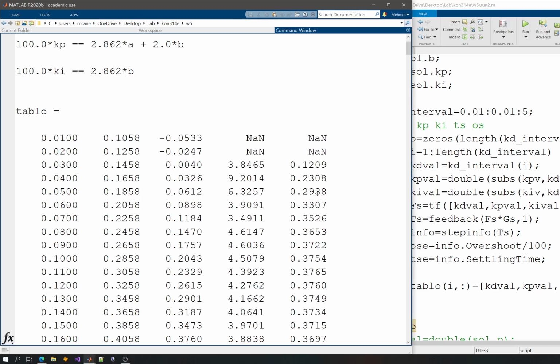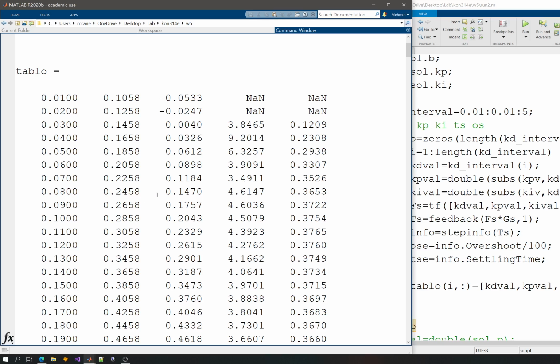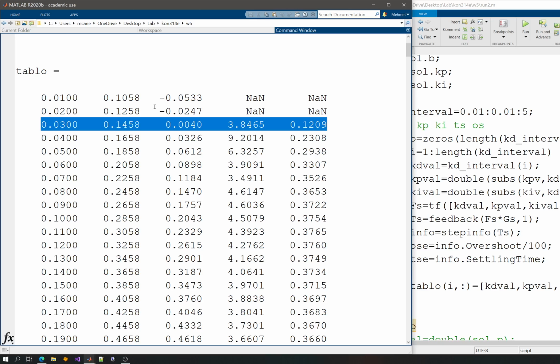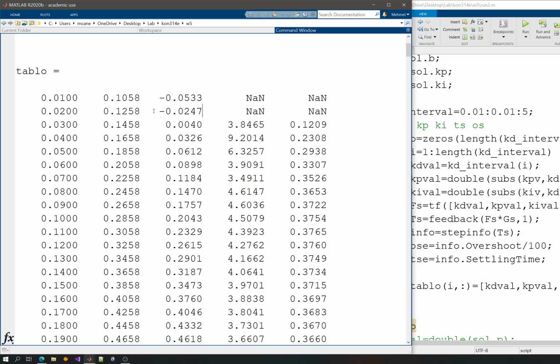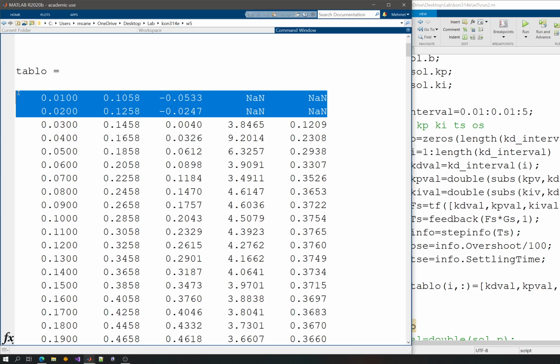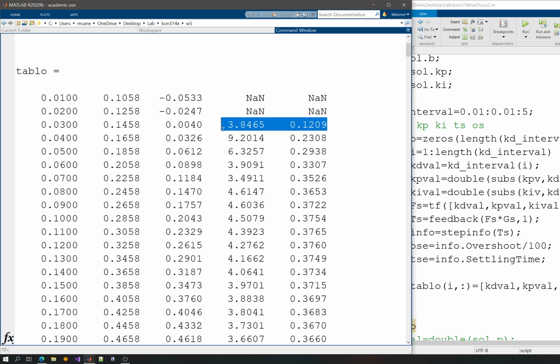Now I can see that I have reached the stability margin also, and I didn't calculate it, but if you calculate the interval, you will see that at this point you have unstable solutions, but here you have a solution that might be a good idea. So the first solution here is not that bad.